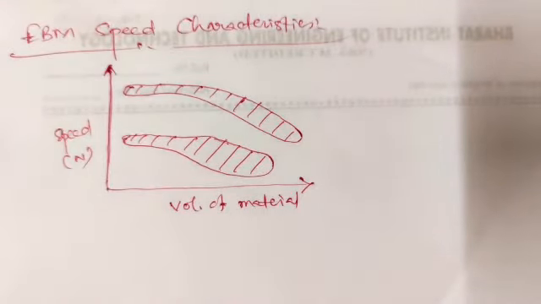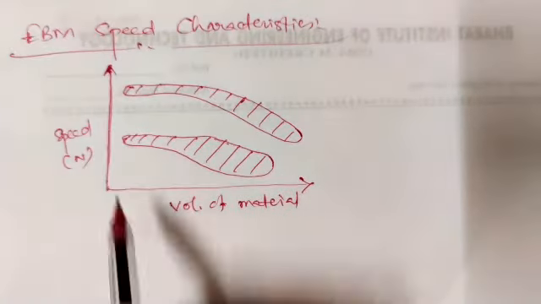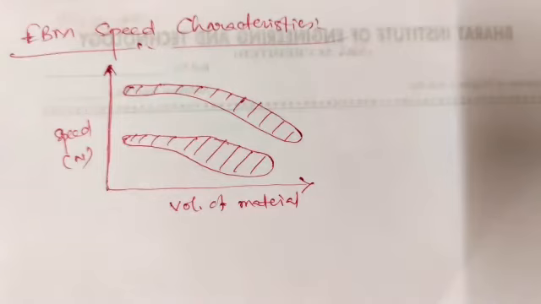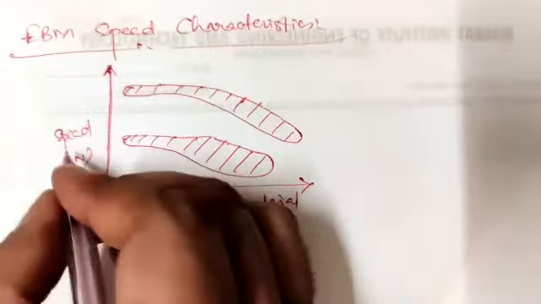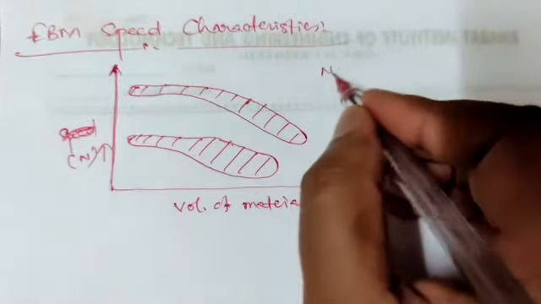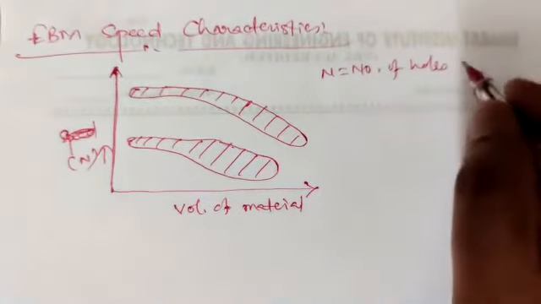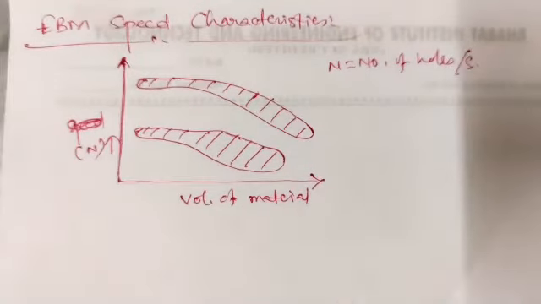In speed characteristics, we can see how many holes we can generate, the number of holes per second. This is actually speed characteristics. So n is the number of holes which can be produced per second.